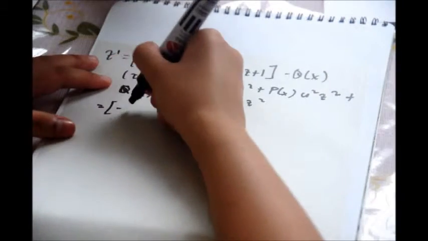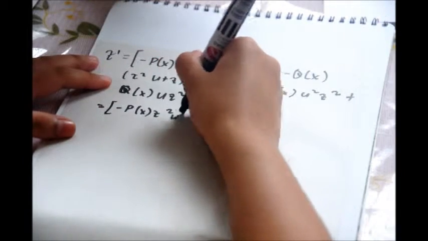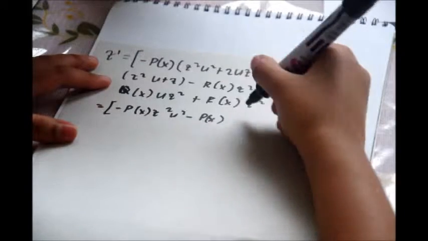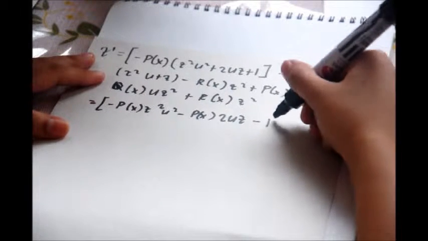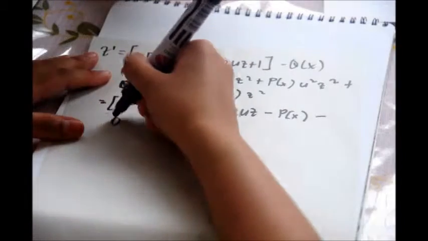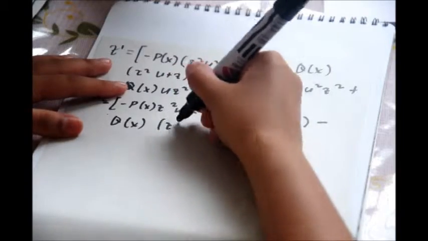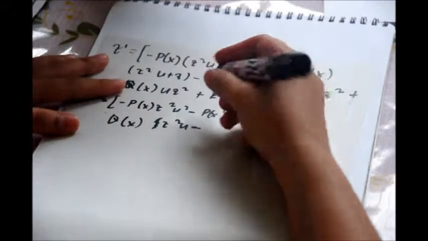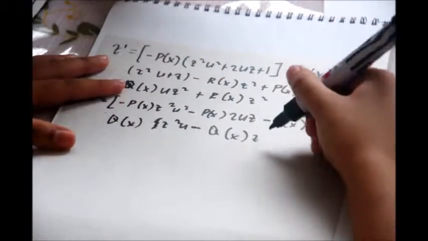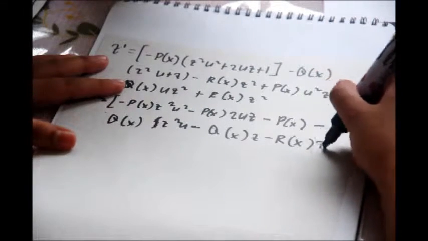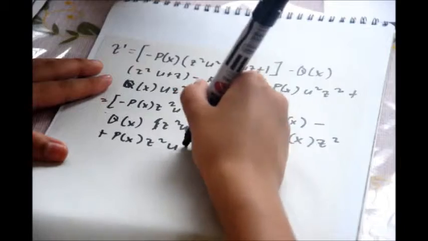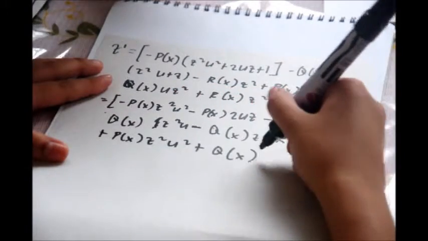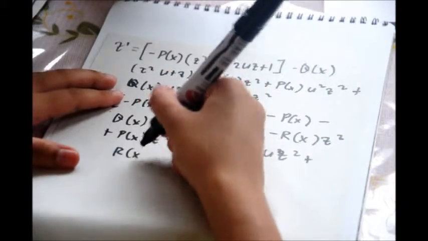So z prime is equal to negative p(x) z squared u squared minus p(x) 2uz minus p(x) minus q(x) z squared u minus q(x) z minus r(x) z squared plus p(x) z squared u squared plus q(x) u z squared plus r(x) z squared.